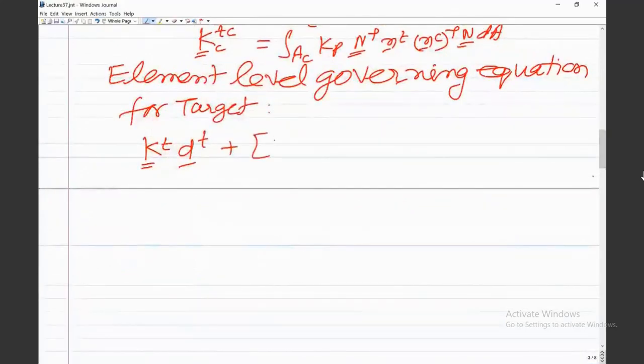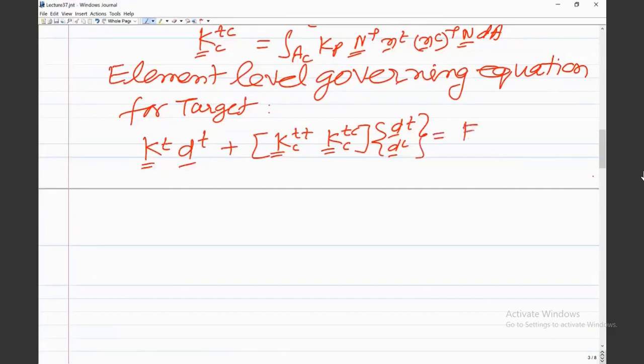Now we have these two matrices Kctt and Kctc, and this is multiplied with these two vectors dt and dc, the vector of elemental degrees of freedom of the target element and the corresponding contactor element. This will be equal to the load vectors due to body forces and traction.